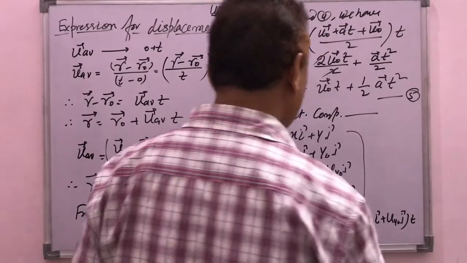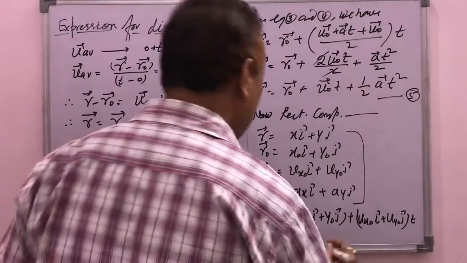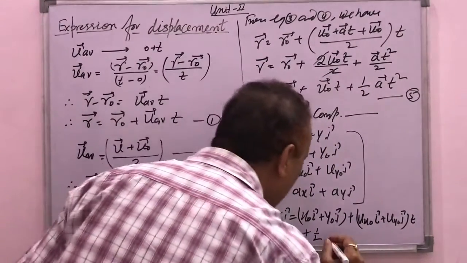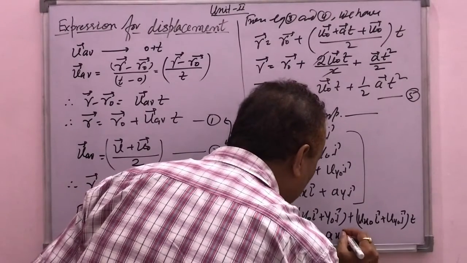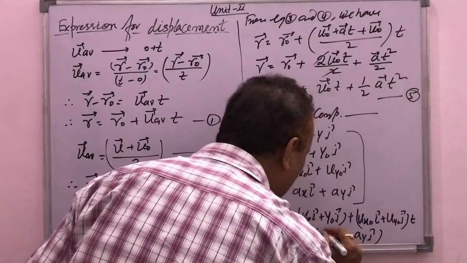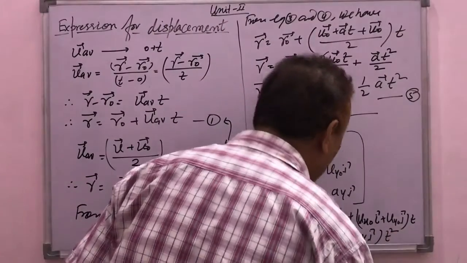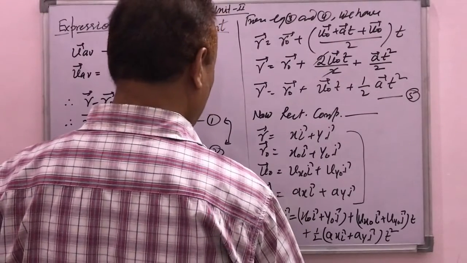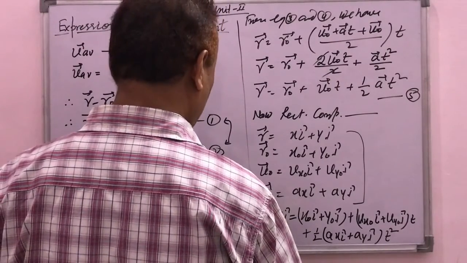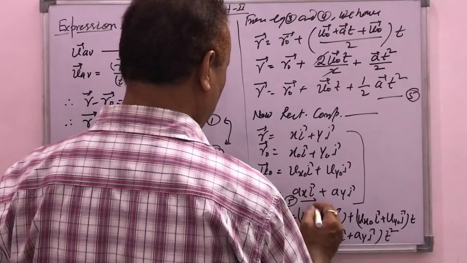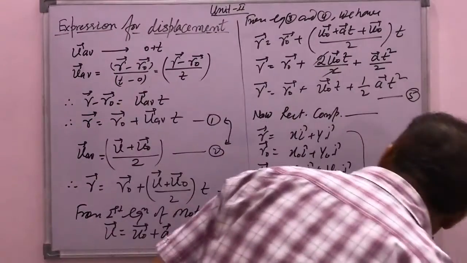The third term is plus 1 by 2 a, where a means a x i unit vector plus a y j unit vector, multiplied by t square. So from equation 5, the equation can be written like this.